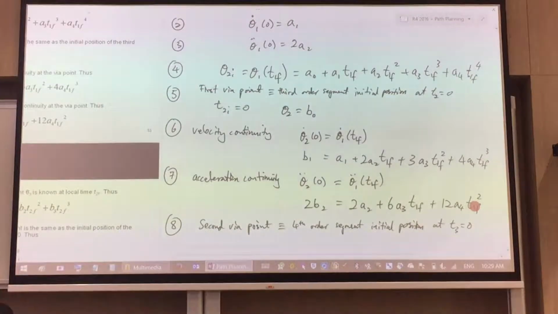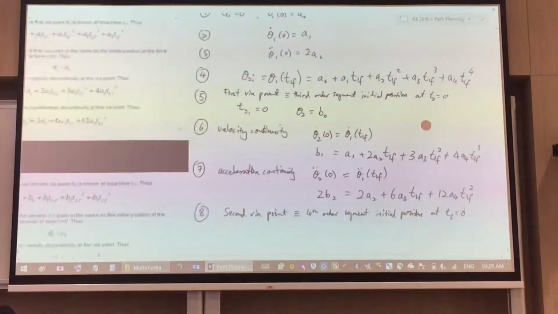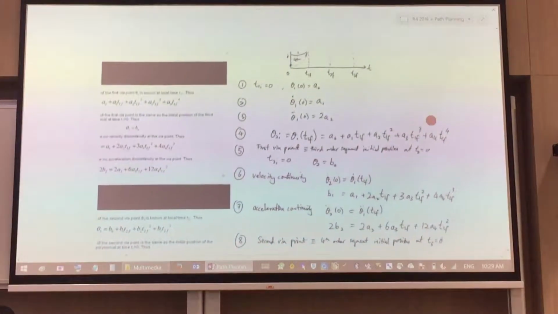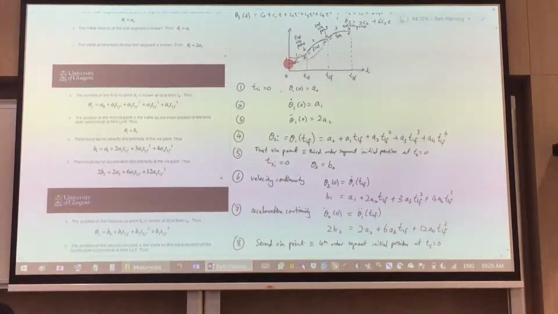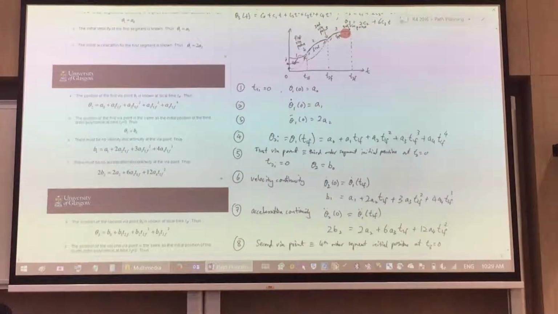So why again time equal to 0? That's because, I'll go back again. That's because this part here, your fourth order, we take it to be this curve, it goes something like that or whatever, and ends up at time equal to 0. We don't know how it's going to look like for that fourth order equation.